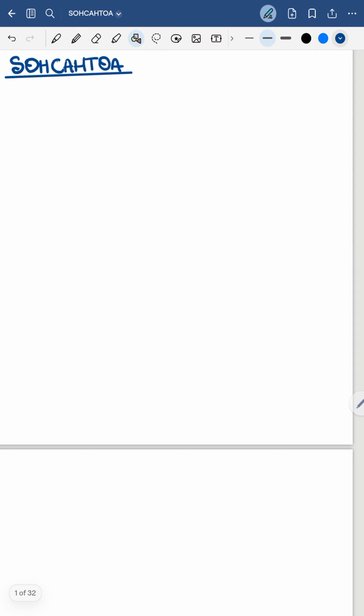SOHCAHTOA, but now you are not given a Cartesian plane whereby you get your radius with the point. So we'll be just getting an interval. Today we'll be focusing on what? On intervals.